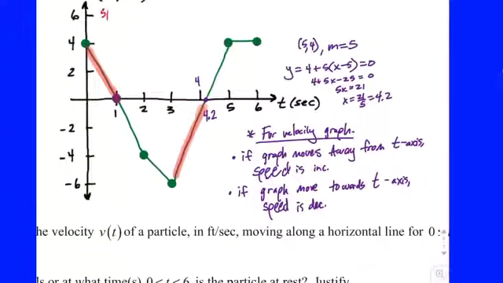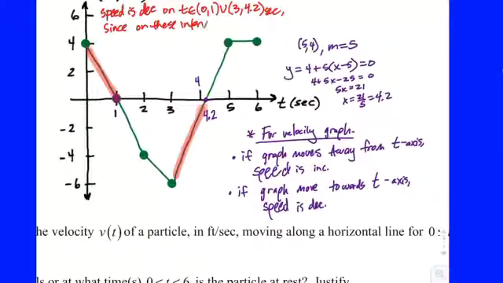So we'll say speed is decreasing on the open intervals t in 0 to 1, union 3 to 4.2 seconds, since on these intervals, the graph of V of t moves what? Towards the t-axis.